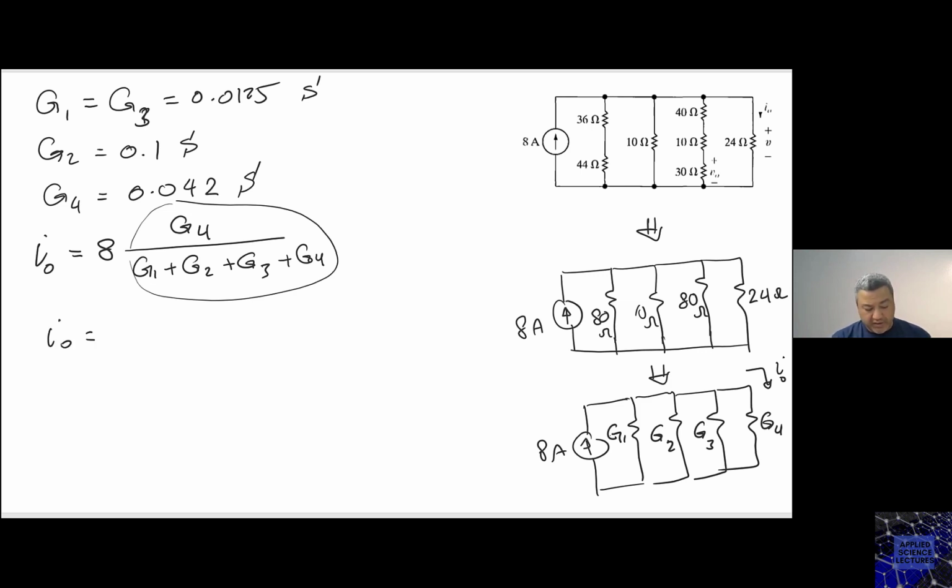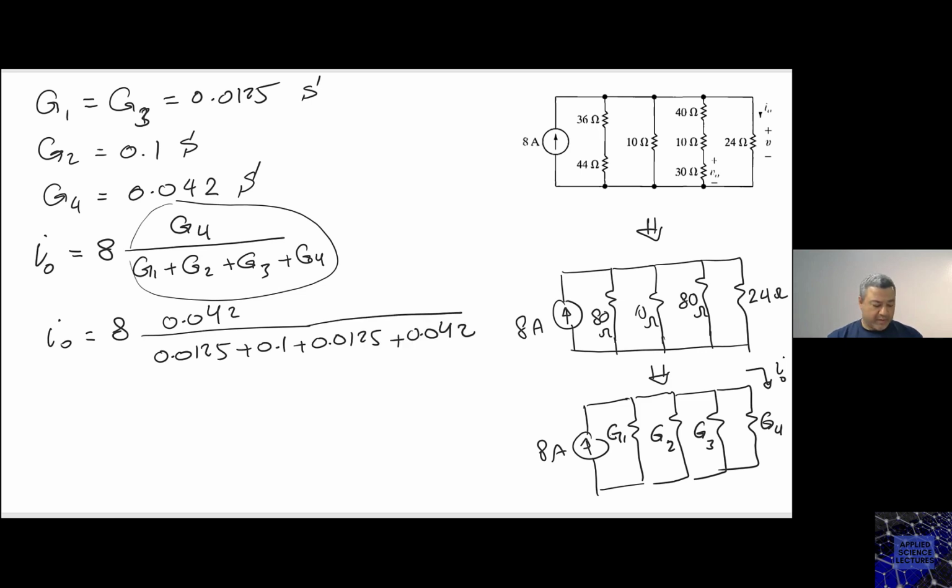So I naught is 8 times 0.042 over 0.0125 plus 0.1 plus 0.0125 plus 0.042.